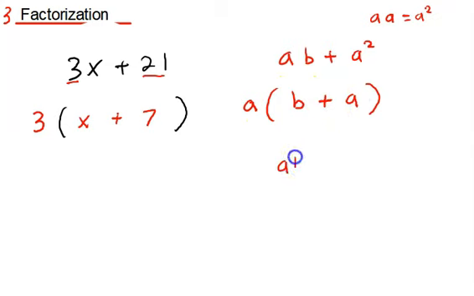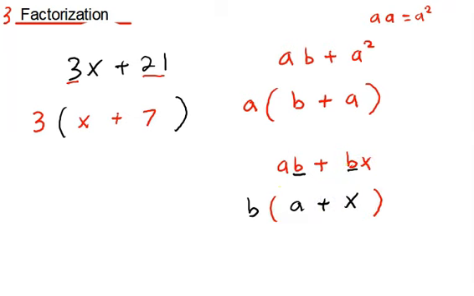Example, now here we have ab and here we have bx. So here we just have to remove the b because it appeared in both terms. We put the b outside, and here we have a plus x.